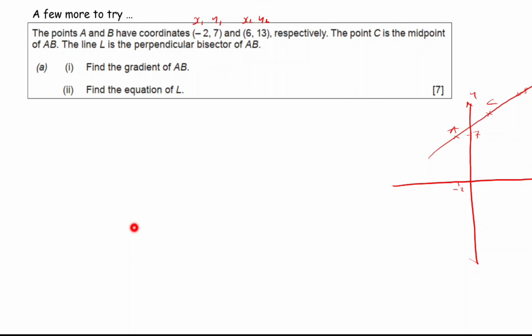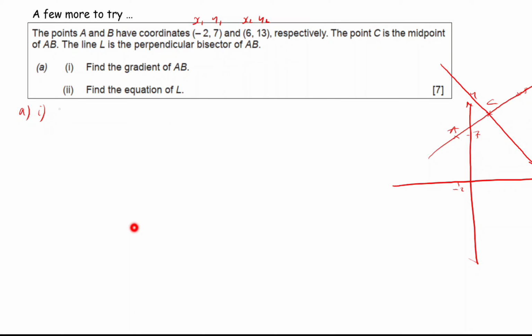Okay. Now the question's asking us to find the equation L eventually, and it's a perpendicular bisector. So if you think back to GCSE maths, that's the line that's going to be coming down through that midpoint. So this is the scenario that we've got going on with this question. Part A is asking you to find the gradient of AB anyway.